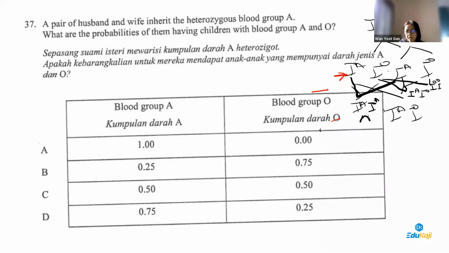So you get blood group A, blood group A, blood group A, and blood group O. Okay, so the answer is D, which is 75% blood group A, because we have here 3 to 1. 3 blood group A and 1 blood group O, and 25% blood group O.